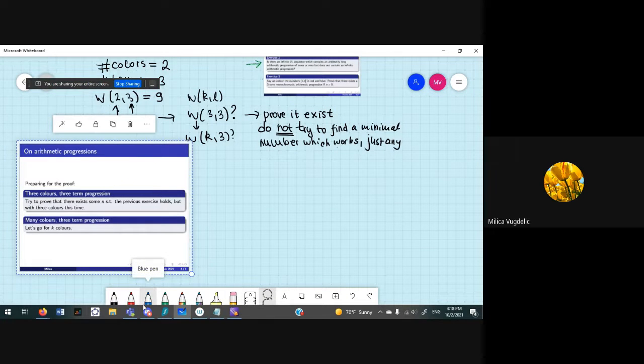Also, do not be afraid to use the fact from exercise 3, that in a block of 9, if we were to have 2 colors, we would know that there's a 3-term arithmetic progression.